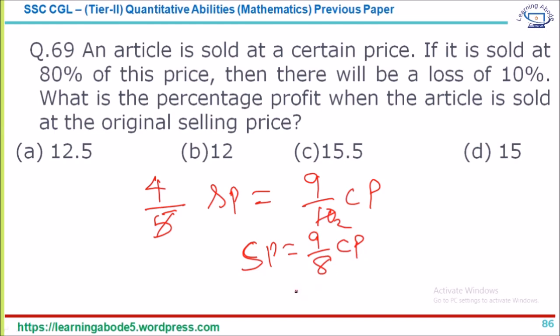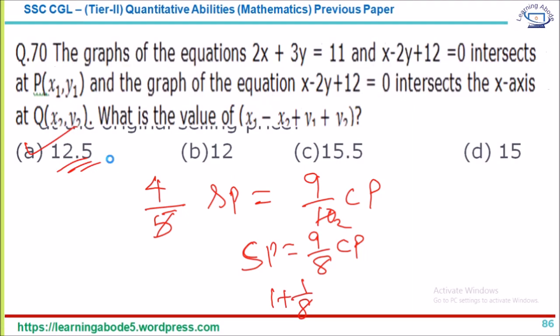So what is the percentage profit? The 9 by 8, 1 by 8 is the additional profit. 9 by 8 is 1 plus 1 by 8. So 1 is the actual cost price, so 1 by 8 is the profit. Now 1 by 8 we know it is option A, 12.5%. That's the answer for question number 69.